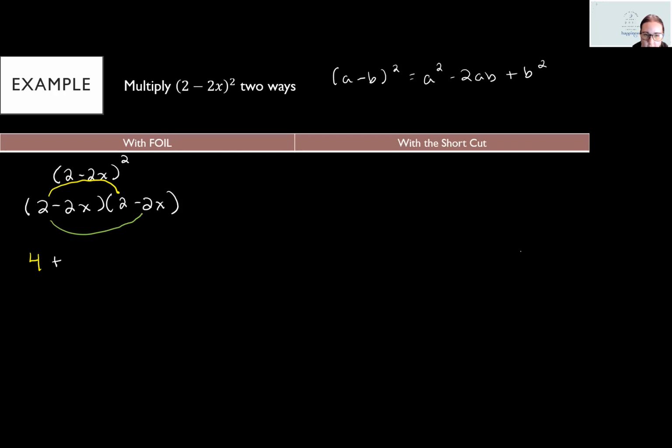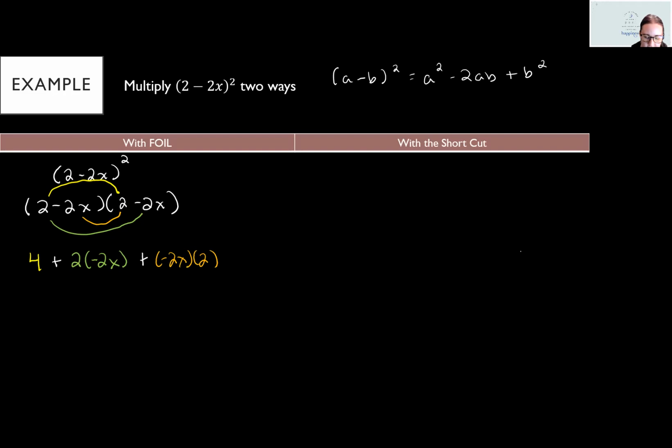That's a spot where someone might make a mistake and not write the negative. So sometimes it helps to literally write that down so you don't lose that negative when you're doing the multiplication. Then we've got our insides, negative 2x times 2.